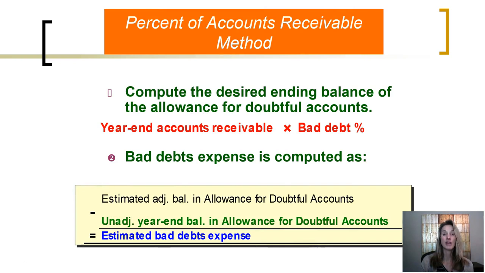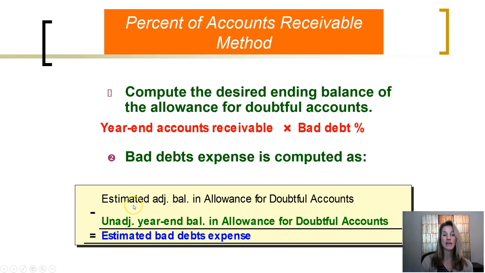Using the percentage of accounts receivable method, it will require two steps to calculate bad debt expense for the period. The first step is to calculate the desired ending balance in the allowance for doubtful accounts. And that is by taking the year-end accounts receivable balance and multiplying it by the percentage of that balance estimated to be bad debt.